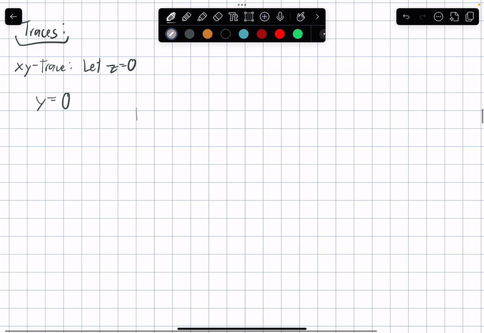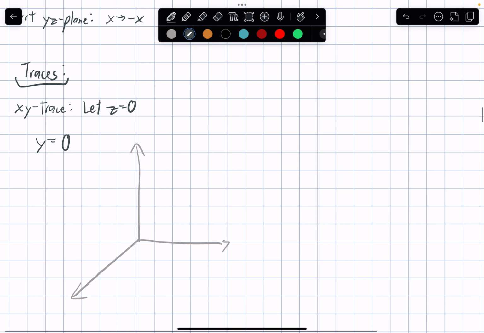So let's see how this is supposed to look like in a graph. This is y, x, z. No, sorry, this is supposed to be y, this is supposed to be x. y equal to 0 is this.